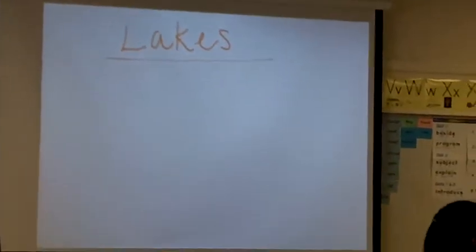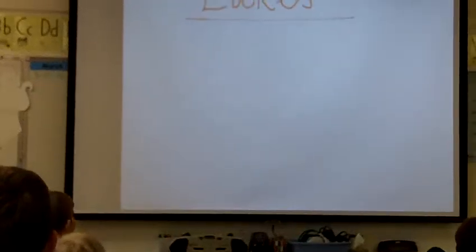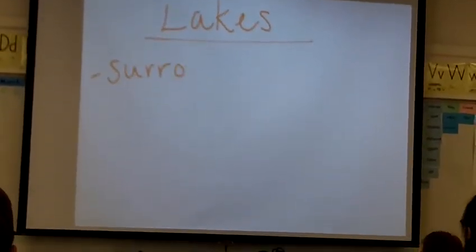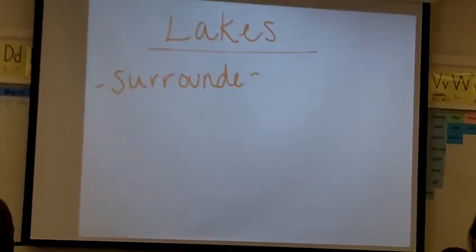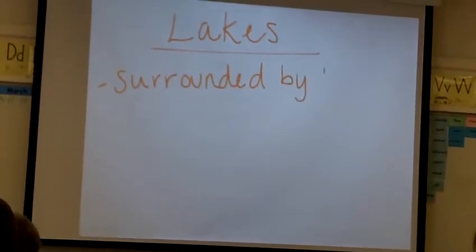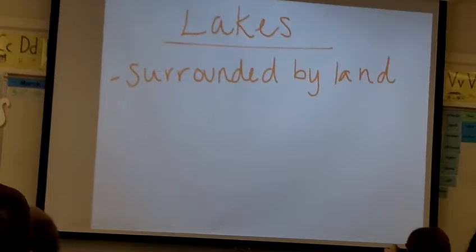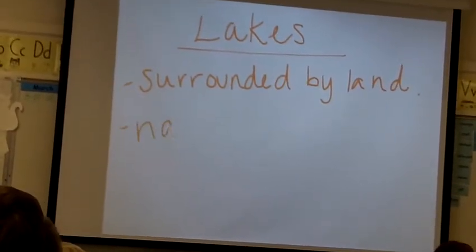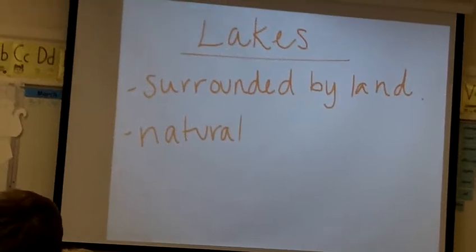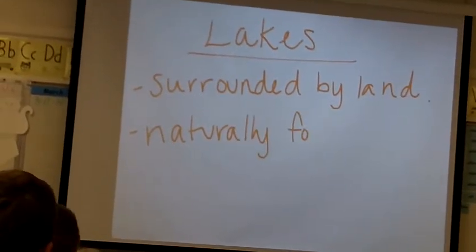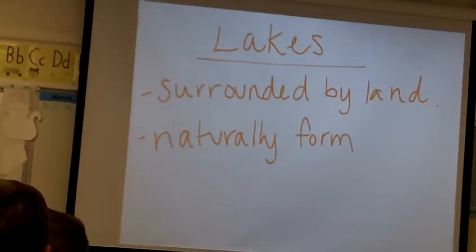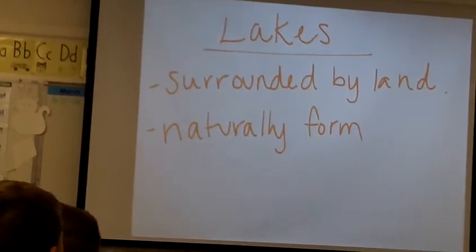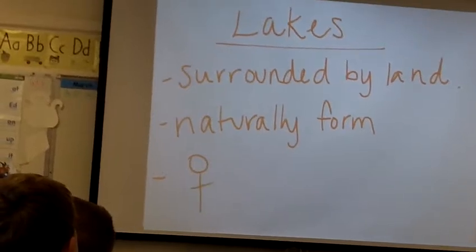Moving on, lakes are the next biggest body of water. They are completely surrounded by land and are made up of fresh water. Some lakes are naturally formed, which means that they've been there since before people came, and others are man-made, which means that they are created by humans.